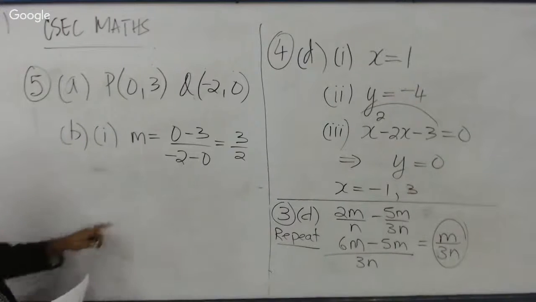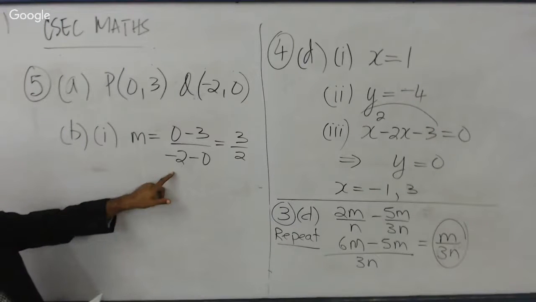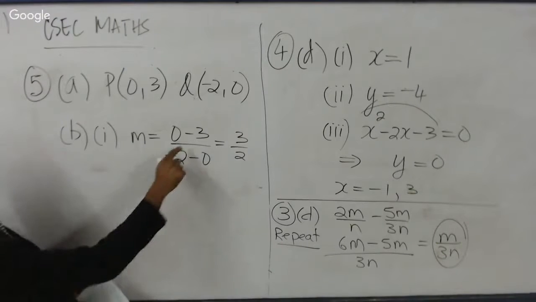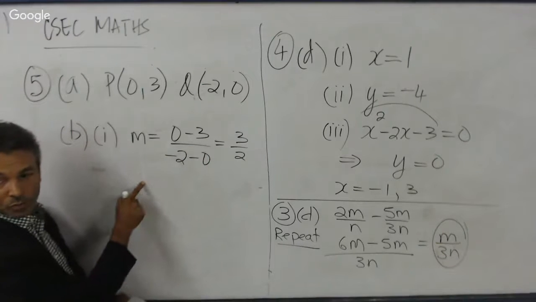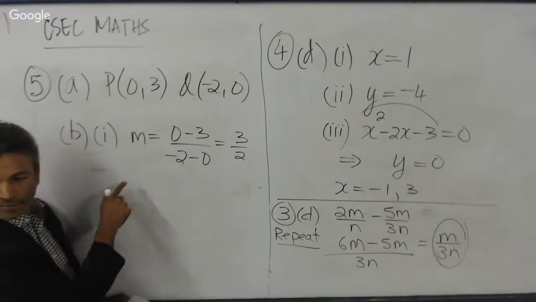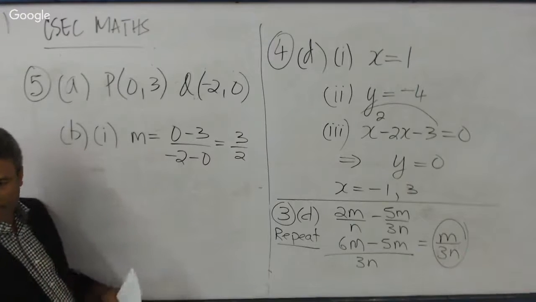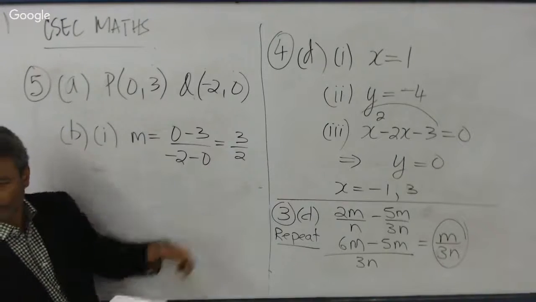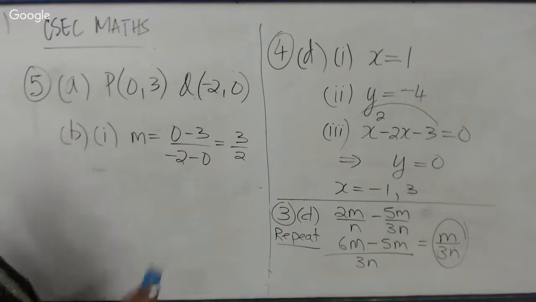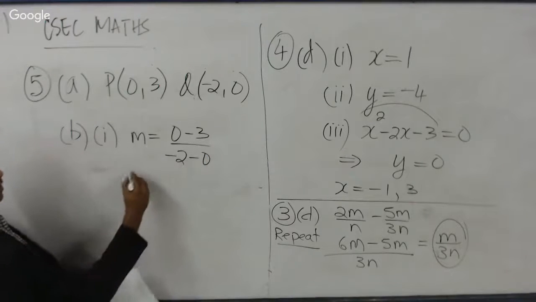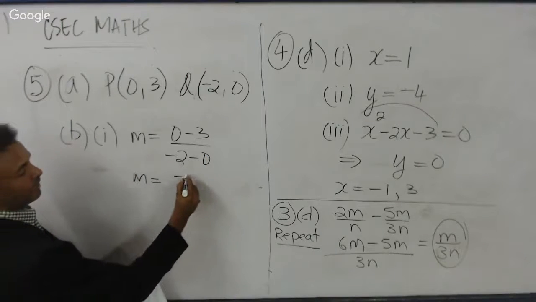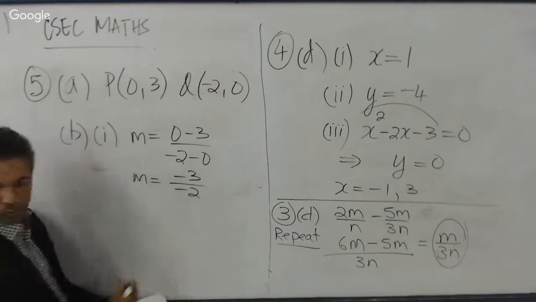Okay? I leave off a negative? Where? It's -3 over -2, but a negative divided by a negative is a positive. So the answer is 3 over 2. Okay, run that again. When you work it out, you get negative 3 over negative 2.